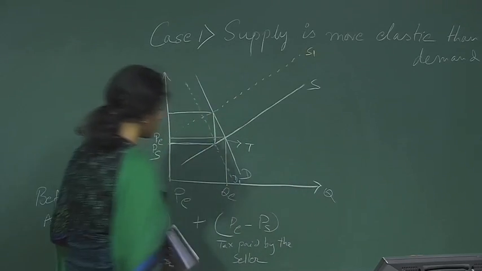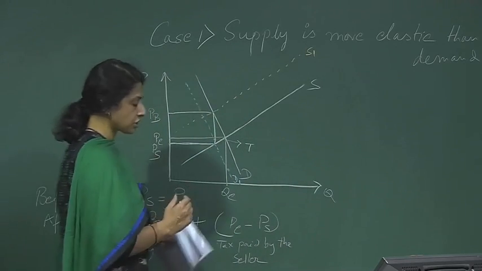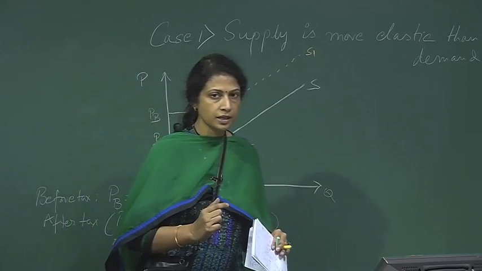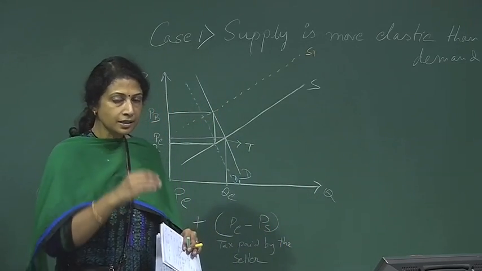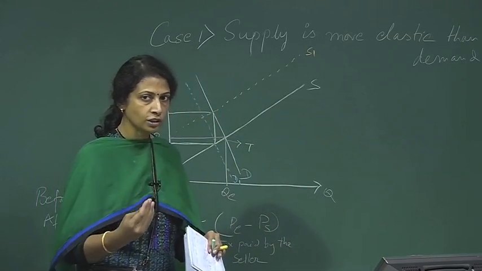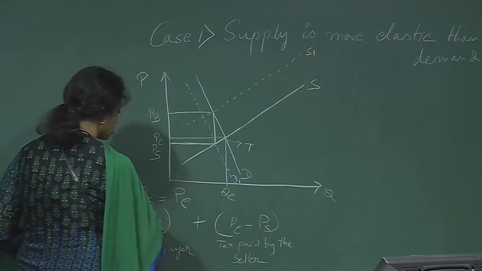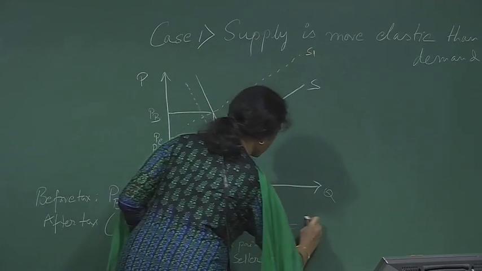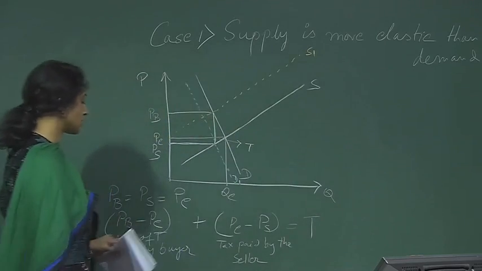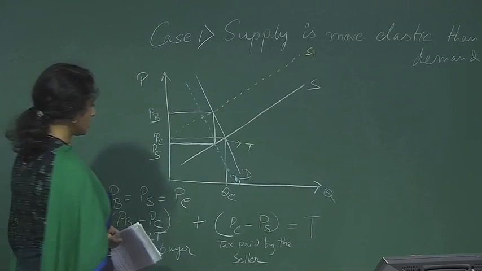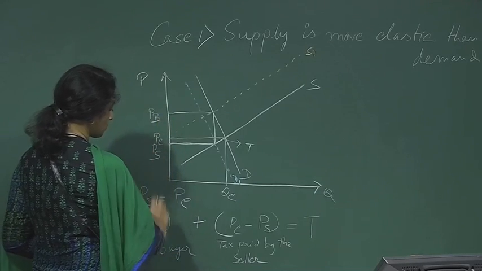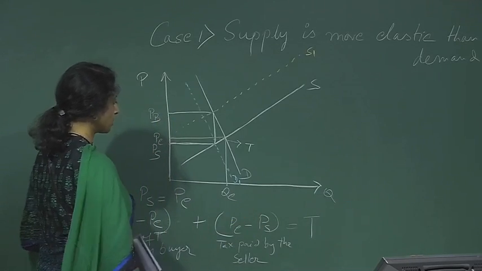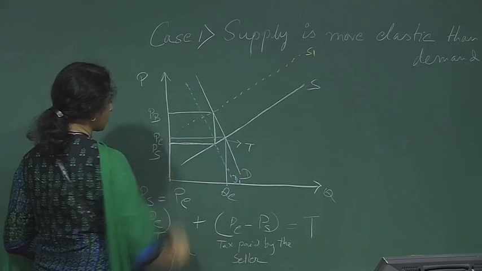This is actually not paid by the seller, but this is a reduction in price that the seller now receives. So it's like the incidence of tax has fallen on the seller also. So the total amount is equal to T. So that is equal to PB minus PS, and that is equal to T. So T is now split up between the two.